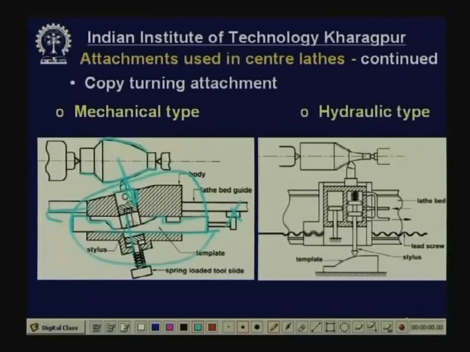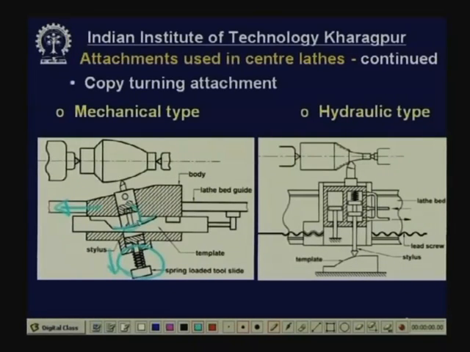Now, you see, when this saddle moves in this direction, then this stylus follows this path and is always in contact because this is spring loaded. Because of the spring, this is always pushed in this direction.